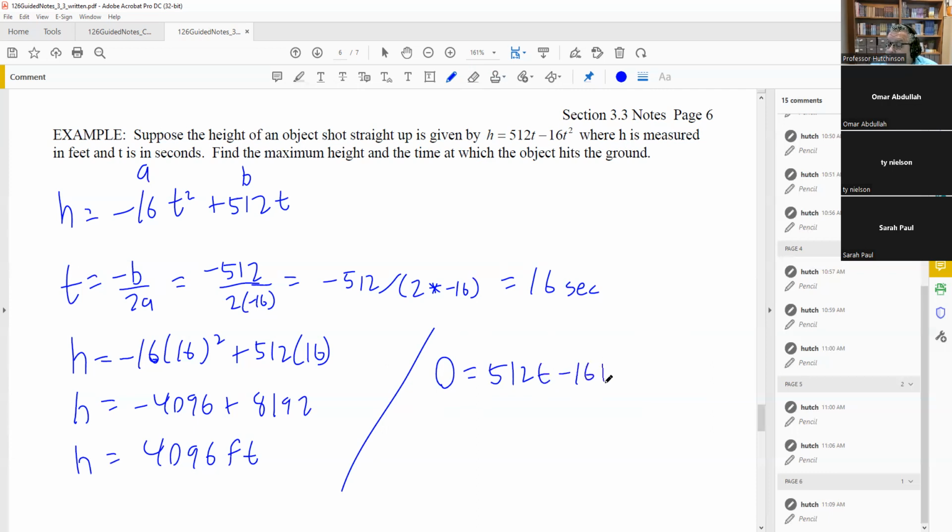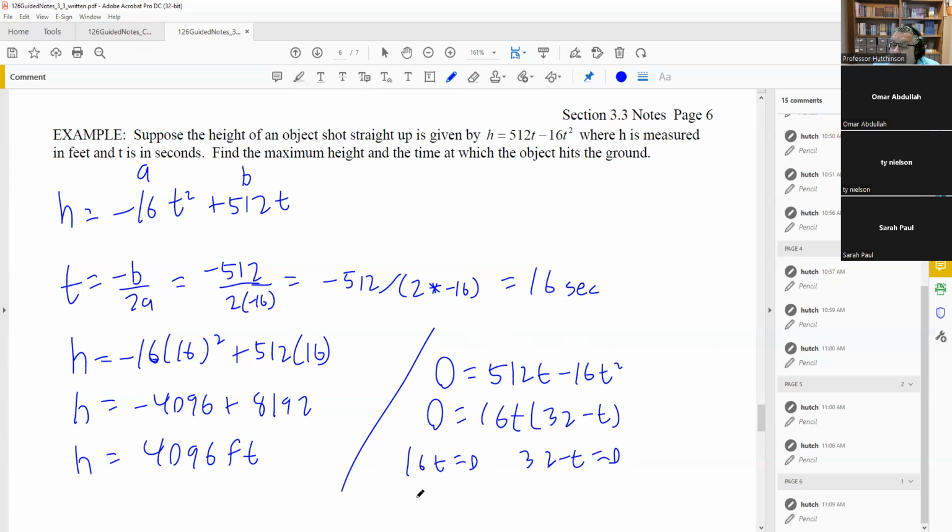From 512t minus 16t squared, there's a 16t that's common in both of those, so we'll pull that out. If you do that, you get 32 minus t left over. Then if you set that equal to 0, you get 16t equals 0 and 32 minus t equals 0.